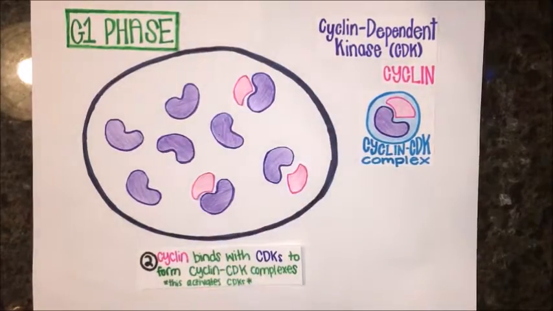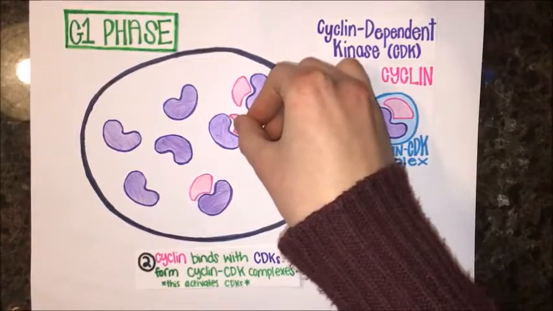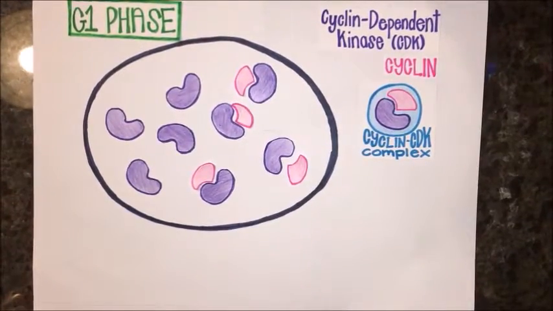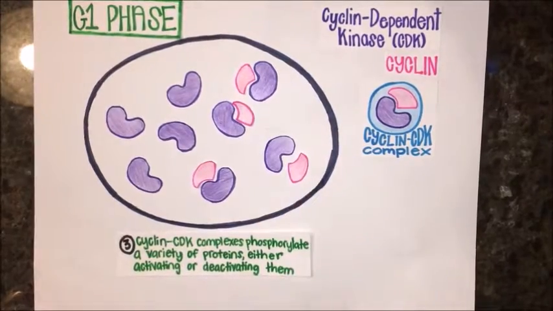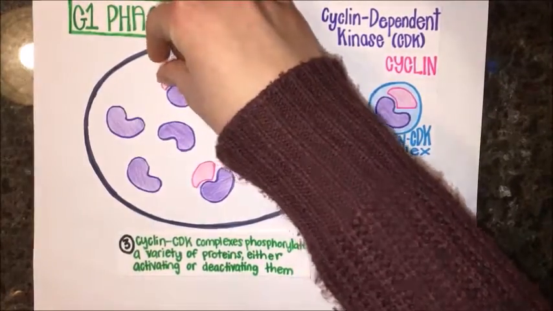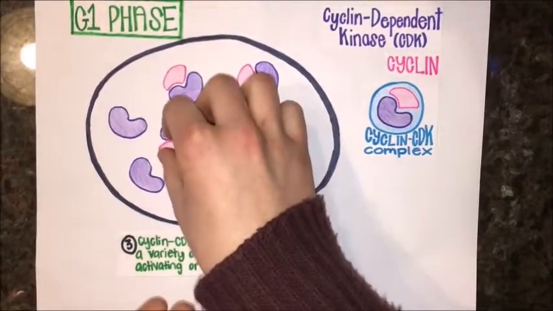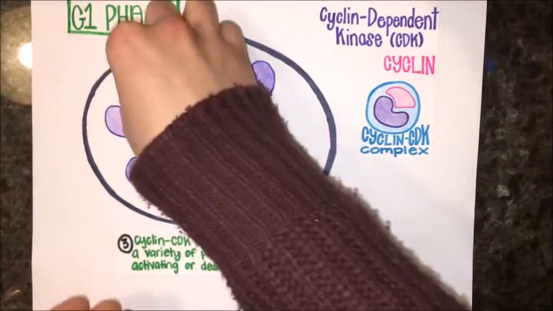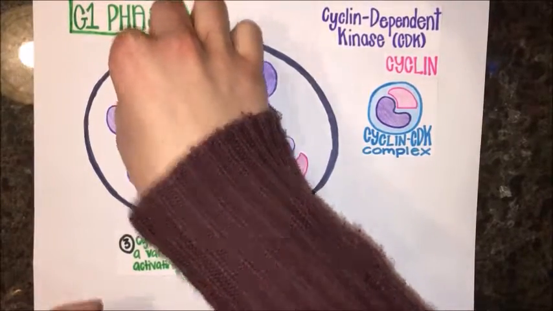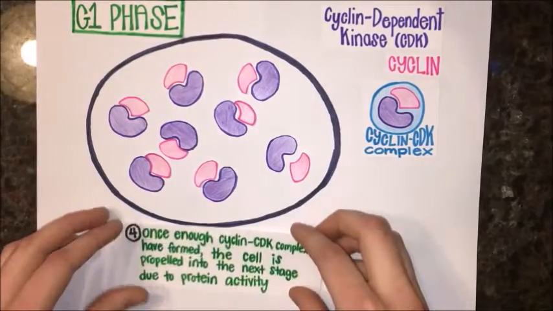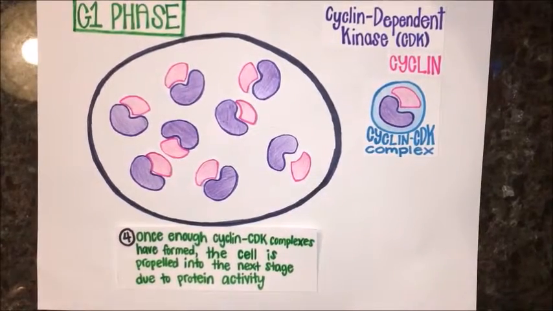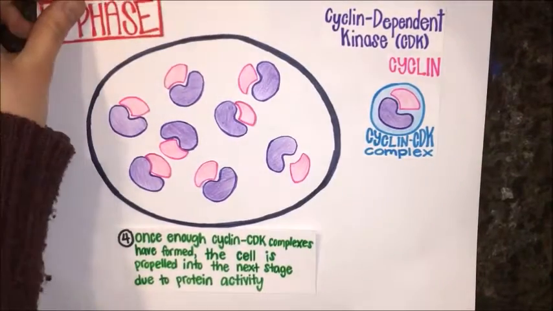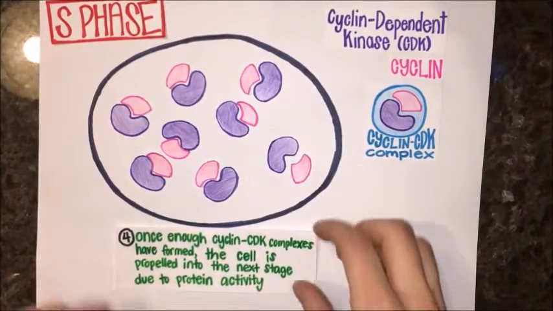So cyclin is being produced and bound to the CDK, and cyclin CDK complexes phosphorylate a variety of proteins to either activate or deactivate them in order to push the cell through the cell cycle. And we have all our cyclin CDK complexes. Once we have enough of them, the cell is propelled into the next phase due to the activity of the proteins that were activated or deactivated.